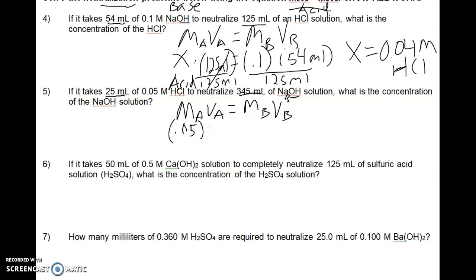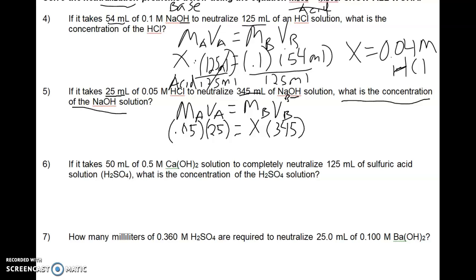And we have a volume of 25 milliliters equals, we don't know the concentration of the base, that's our X, because it says what is the concentration of the base. But we do know the volume of the base, which is 345. I didn't write units because they're the same units, milliliters and milliliters, so they will cancel when we divide them. So I'm not worried about them.